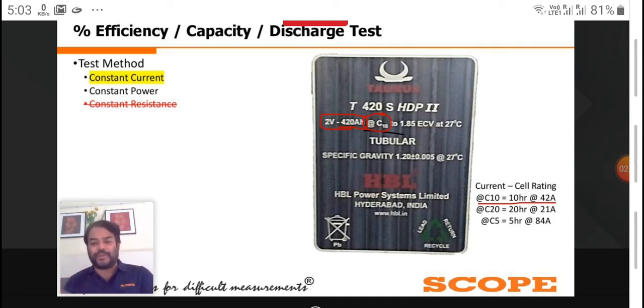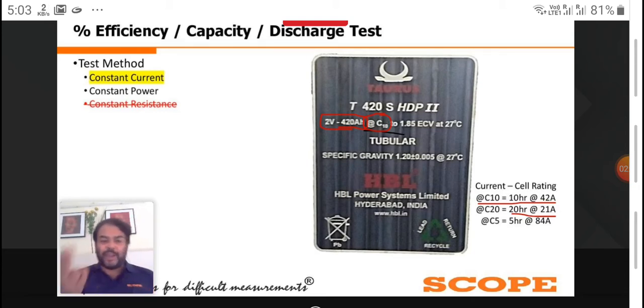That is the ideal condition. So that is C10. If the same battery is mentioned as C20, it should be considered as the second line. Here, 20 hour, then it will be 21 ampere. So 20 multiplied by 21 is 420.